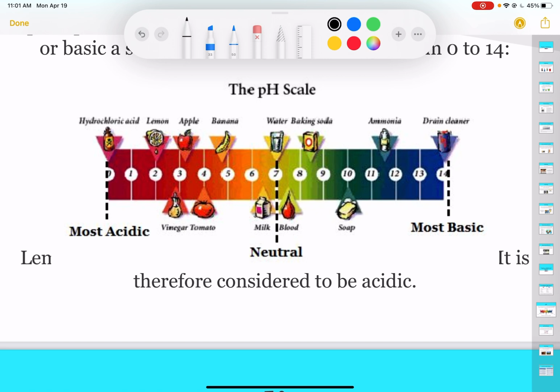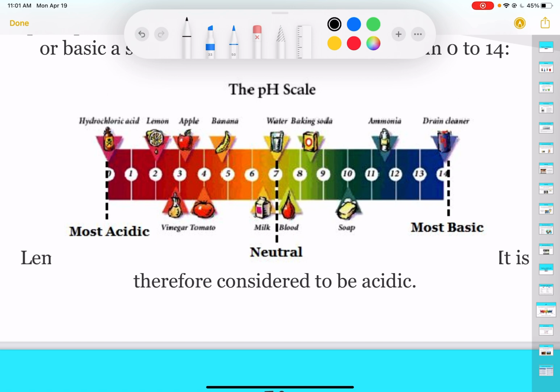There are a lot of foods. More to the neutral area would be water. Normally our water's not neutral, it's between 6 and 8, but should be in that range. Milk is a little bit more acidic, blood is a little bit more basic, and as we move toward the basic side, we've got baking soda, soap, ammonia, drain cleaner, all these things that normally we don't eat.